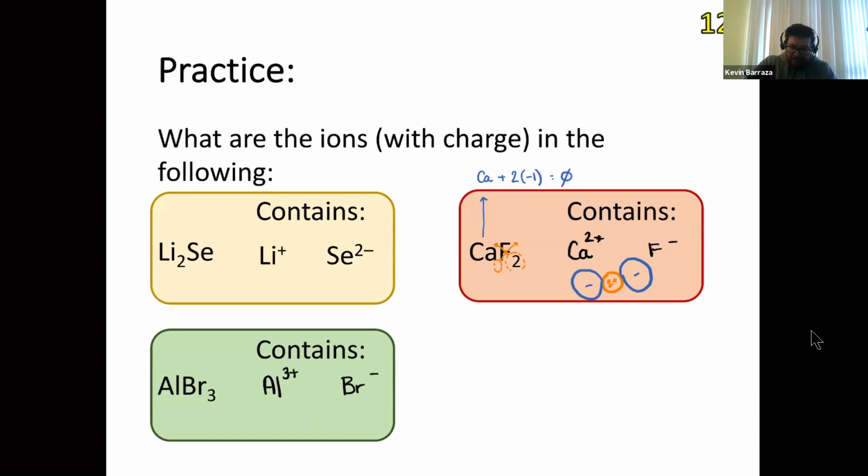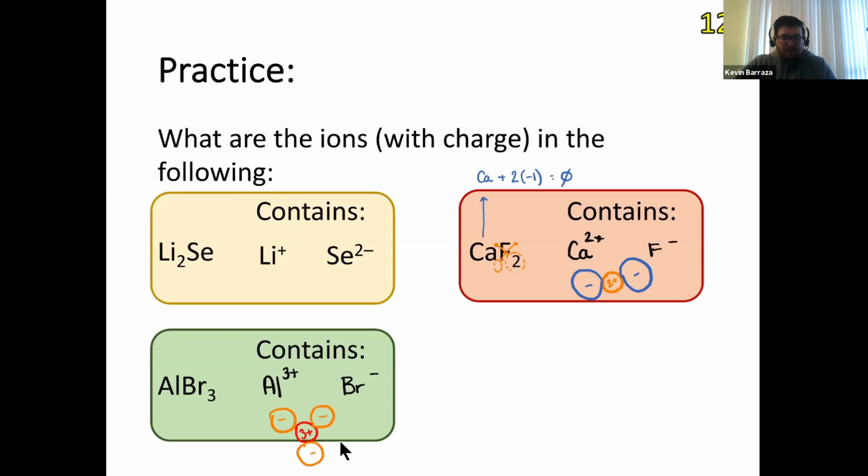So this compound, if I were to zoom in on its particles, I would see a repetition of 3+ aluminum and 3 minuses. And then that would repeat over and over and over again. It would not exactly look like this.